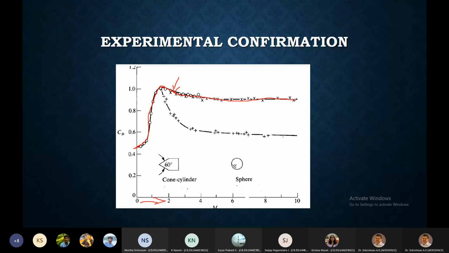Similarly, for the other body also, you can see that there is an increase, but then there is a drop, actually a sharper drop than the other one. But after about 4 or so, it tends to be constant. So that region where it tends to be constant is in the hypersonic range.